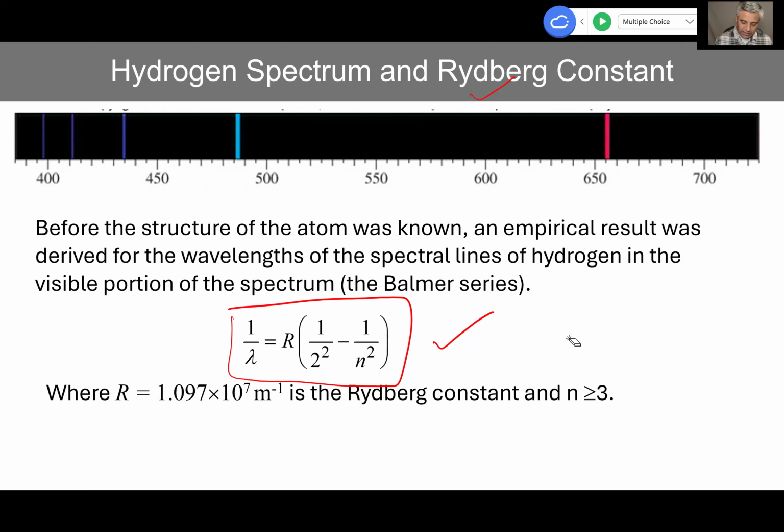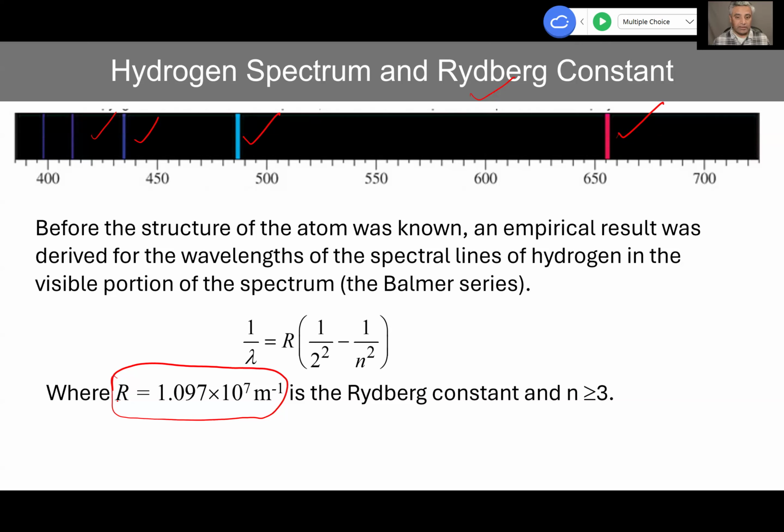This equation describes why we get this kind of line, and he came up with this constant. And what is that constant? That constant was needed to match these values for the hydrogen. So he did partial work here to explain that. This equation explained those lines and gave the wavelength of each line.